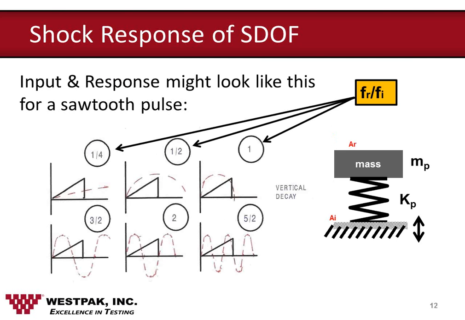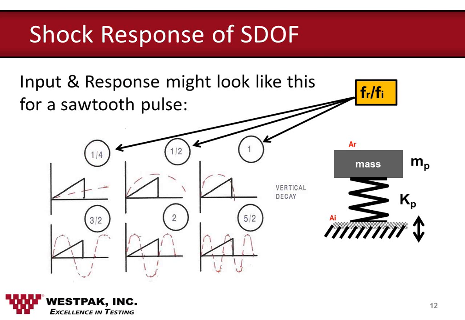For example, if the input pulse duration is very short relative to the natural frequency of the spring mass system, then the ratio of the frequency response divided by the frequency of the input is very small. On this particular chart, that small number is shown here. So in this particular case, the ratio of the response to the input is 0.25 or 1/4.